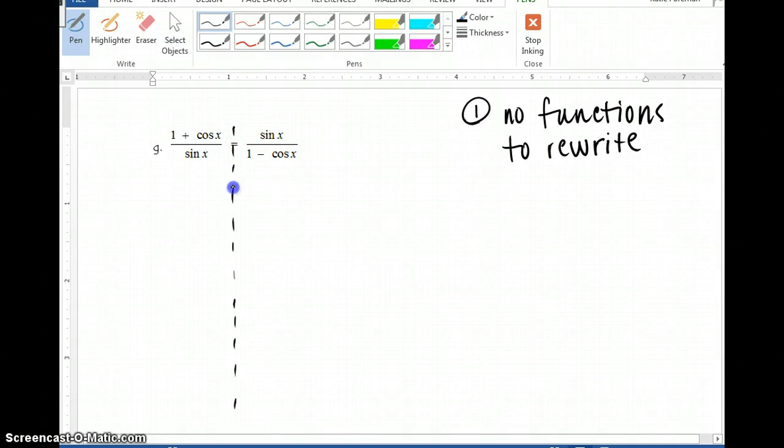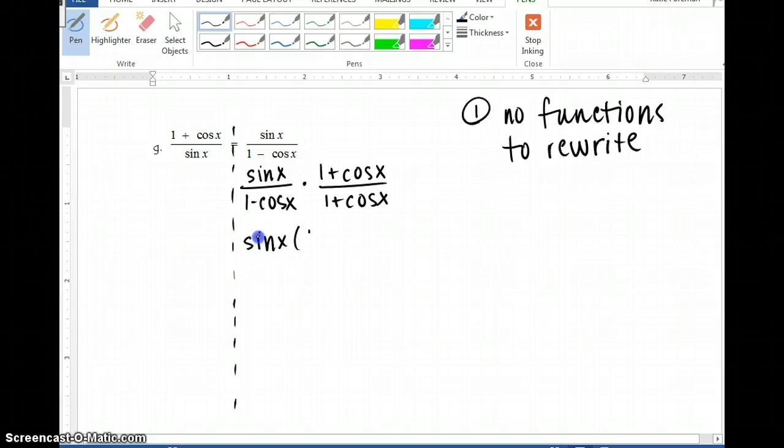So we'll start on the right hand side of the equal sign here. I'm going to multiply by 1 plus cosine of x on the top and bottom. That's the conjugate of the denominator. Top times top.